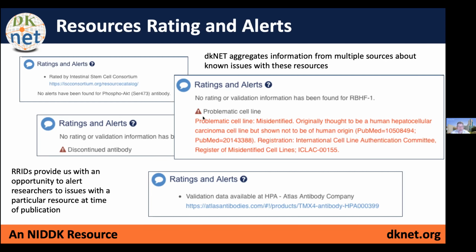So, for example, misidentified or contaminated cell lines are identified within the system. There are other ratings and information, for example, provided by the Human Protein Atlas, the Intestinal Stem Cell Consortium, and others.